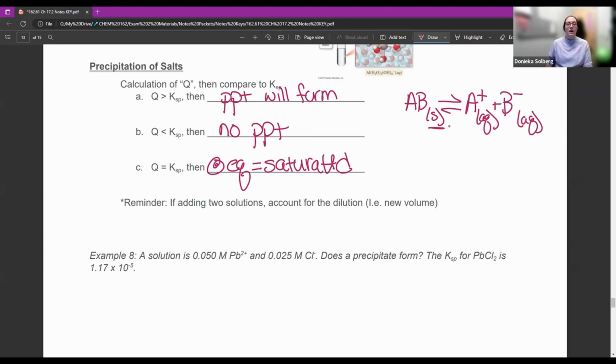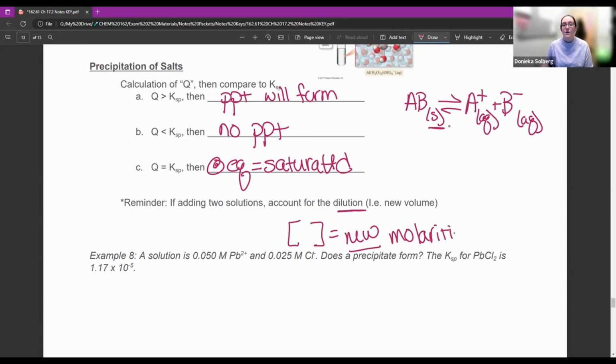Okay, so as a reminder, when we are adding these solutions together to figure out if they are going to precipitate or not, you always have to account for a dilution, right? If I'm adding 10 milliliters of this and 10 milliliters of this, my new volume is 20 milliliters. So always keep that in mind. These concentrations have to be the new molarities.